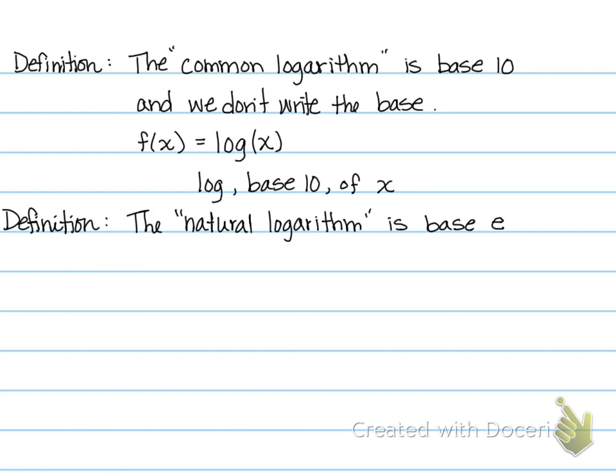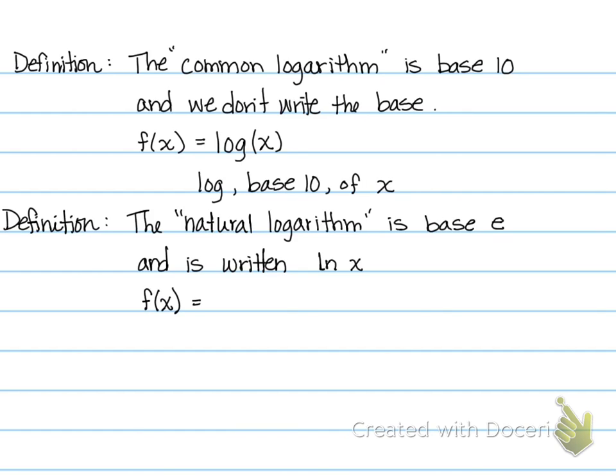So the natural logarithm is the base e logarithm, and it has a special notation. It is written ln of x. So that's an L, not an I or a 1.